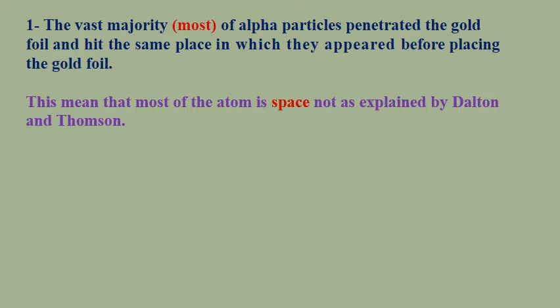But now, in Rutherford's experiment, he observed, number one, again, most of the alpha particles penetrated the gold foil. And this means that most of the atom is space, not as explained by Dalton and Thomson, who said that the atom is a solid sphere. Okay, this is number one of the observations.